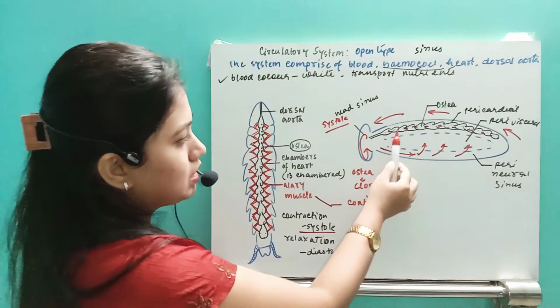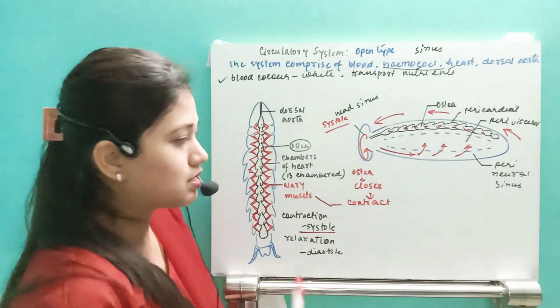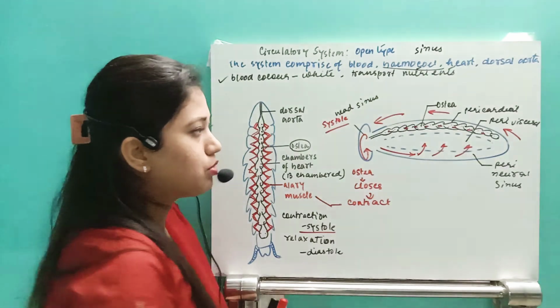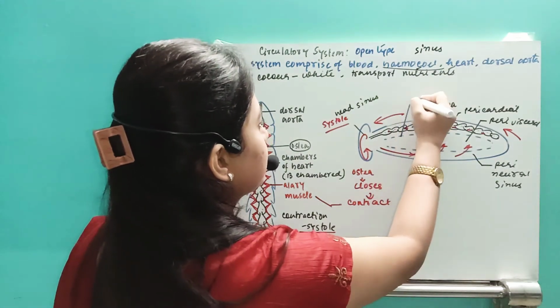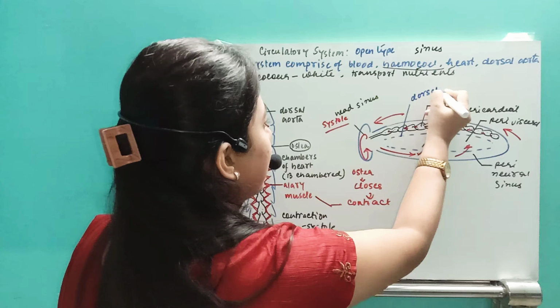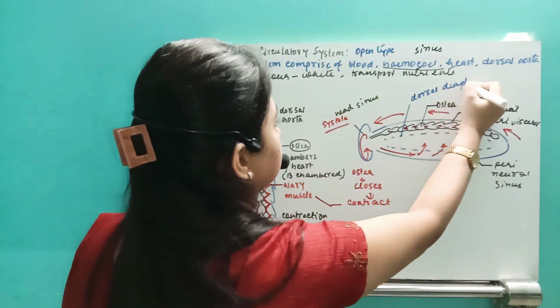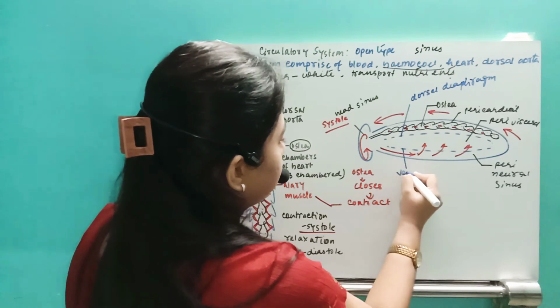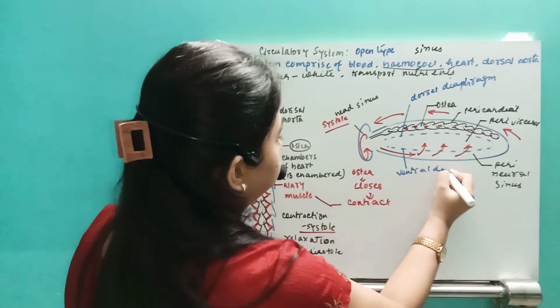See, in the sinuses, you can see they are separated by two membranes, right? This one is known as the dorsal diaphragm, and this one is known as the ventral diaphragm.